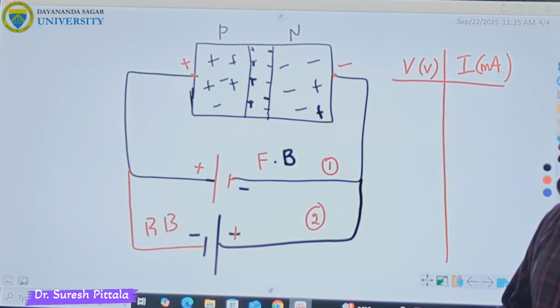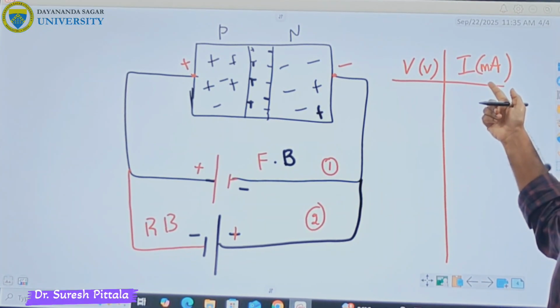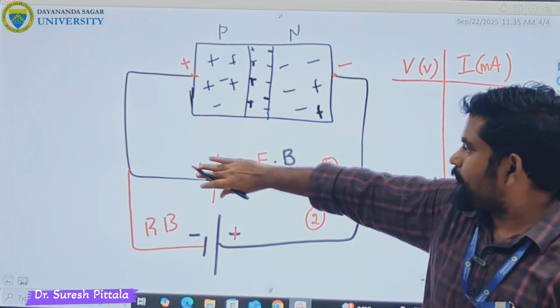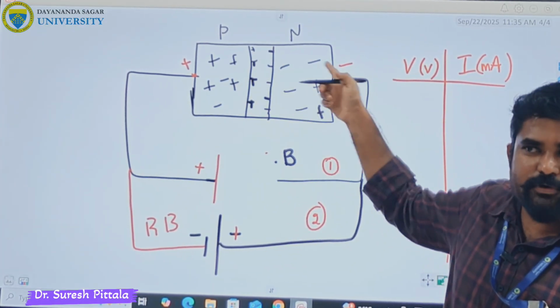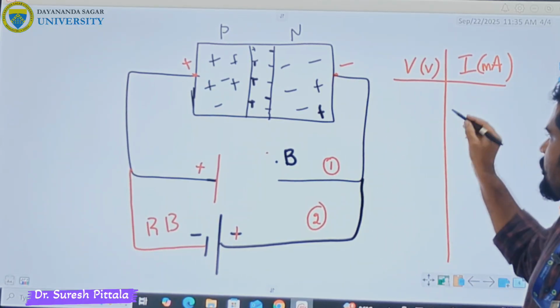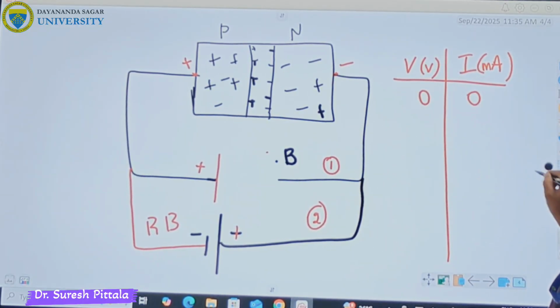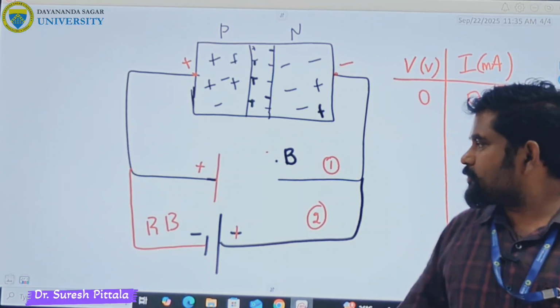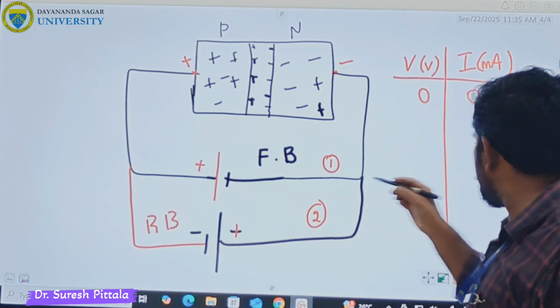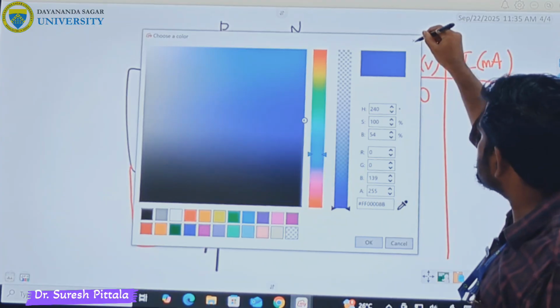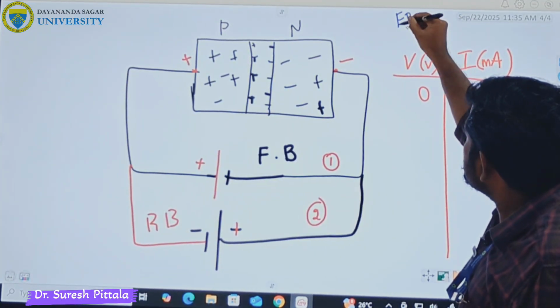Okay, voltage I am applying, I need to measure current, right? So if I don't connect any battery, for example, is any current flowing through the Zener diode? So first I know, okay, I don't connect, I get nothing. Suppose take one condition. What happened here? Take only one condition here. In the forward bias condition I am talking about, forward bias.